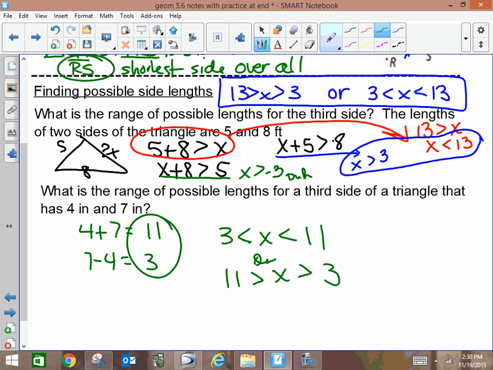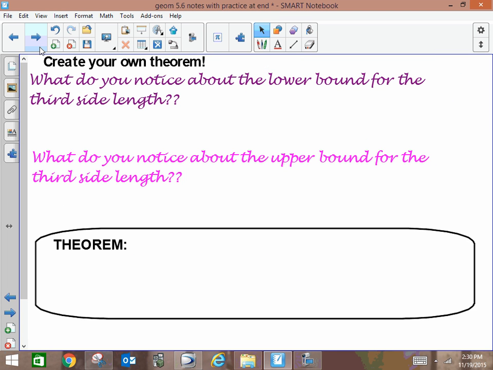Okay, so I think Maggie just kind of discovered her theorem here. Notice the third side, so how would you write that theorem? For everybody that's done, let's take a minute to write our own theorem here.